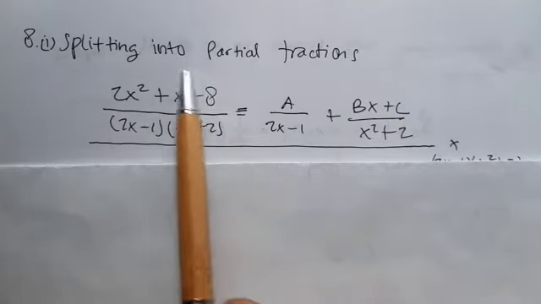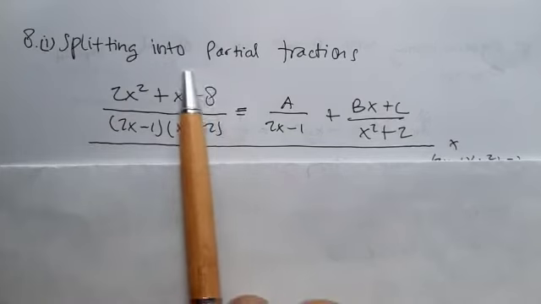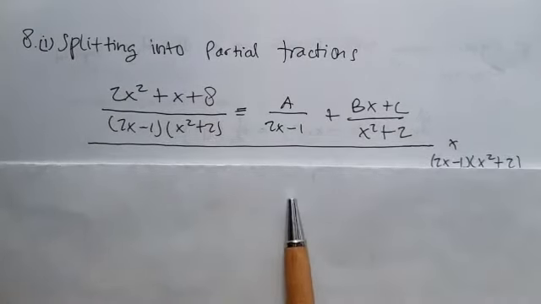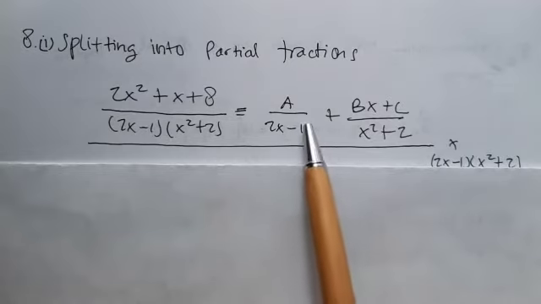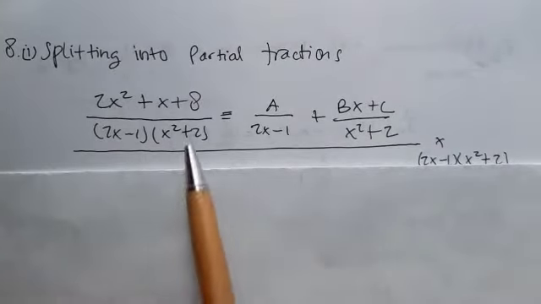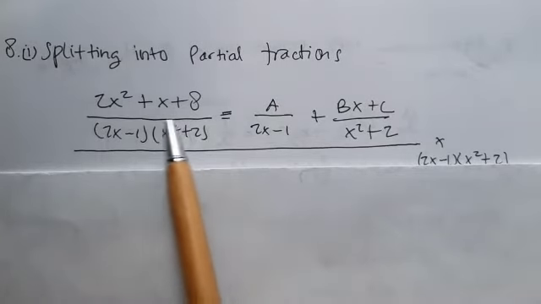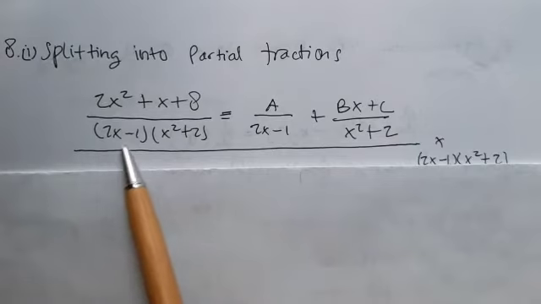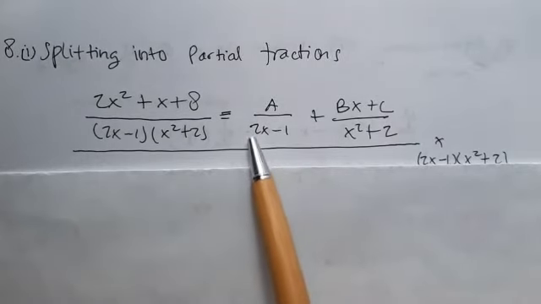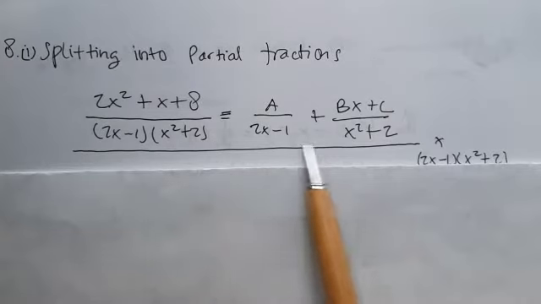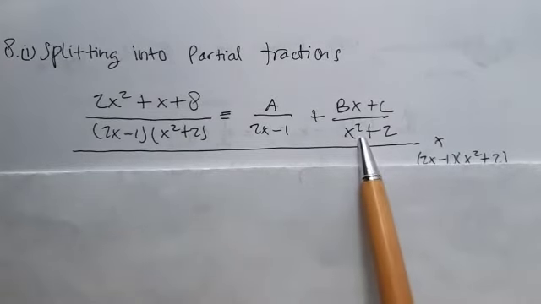Thus this fraction is separated into partial fractions, where the denominators of these two fractions are the factors of the denominator of the original fraction. Here is 2x minus 1, that is why the denominator here is 2x minus 1, and here is x squared plus 2, another fraction with x squared plus 2.